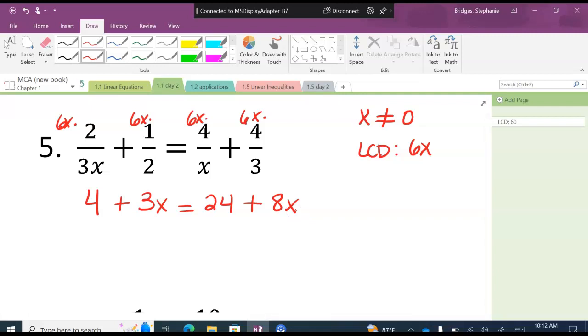If you need to, you can always do it the old-fashioned way. 6x times 4 is 24x. 3 times 1 is 3. 24 divided by 3 is 8, and the x is still there. Okay, that's just kind of doing the work a little bit differently. Now we have a regular equation to solve. I got a 3x and an 8x on either side of that equation. I'm going to subtract my 3x over to my 8x.